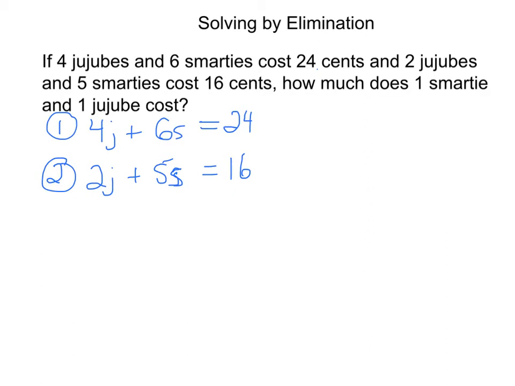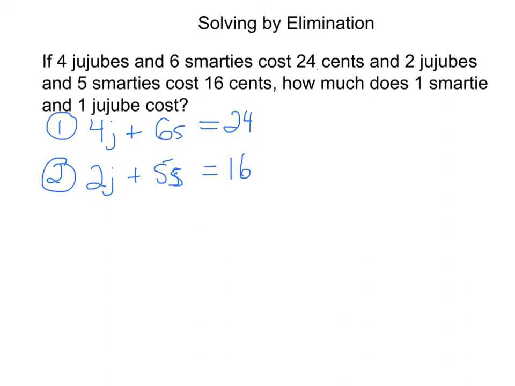So when I solve by elimination, I have to multiply one of my two equations so that I have an equal amount of one variable. That means I have to multiply equation 1 by a number so that either jujubes or Smarties are the same, or multiply equation 2 to get the same idea.